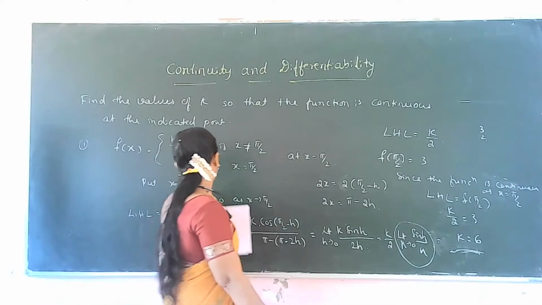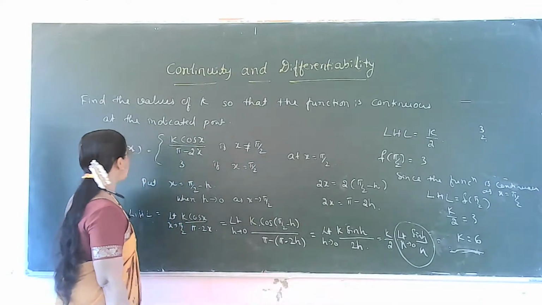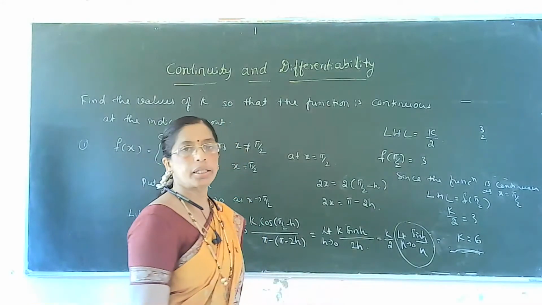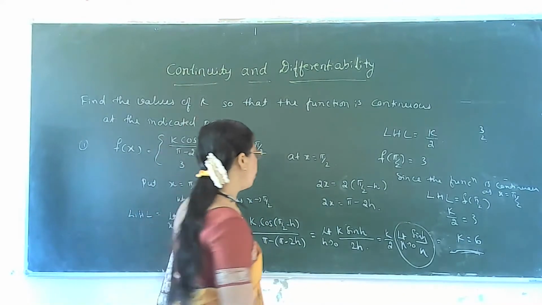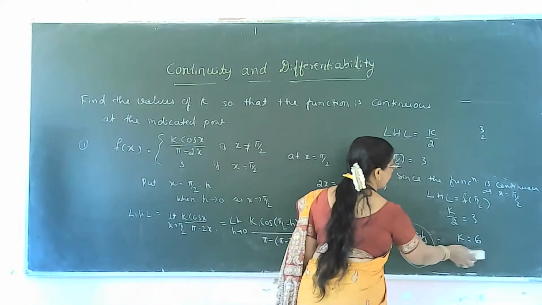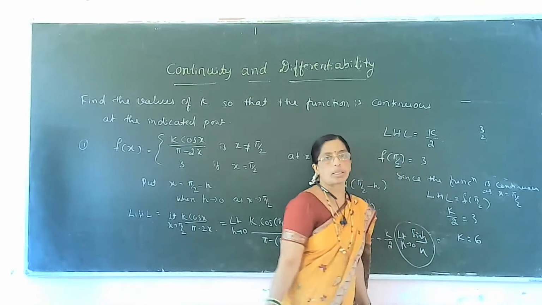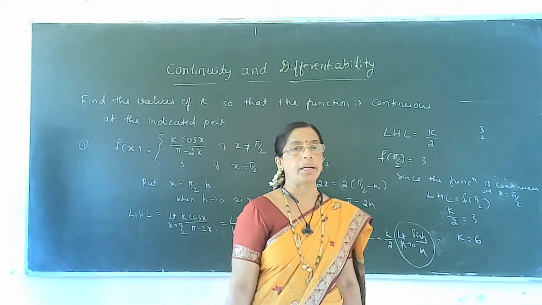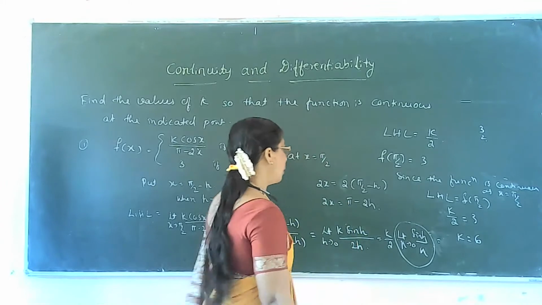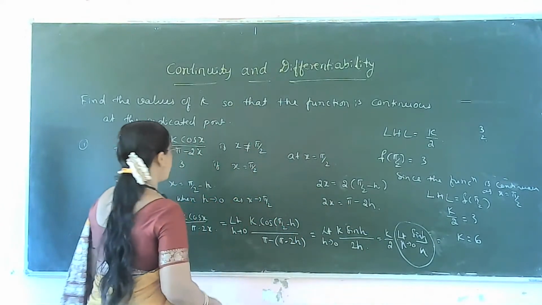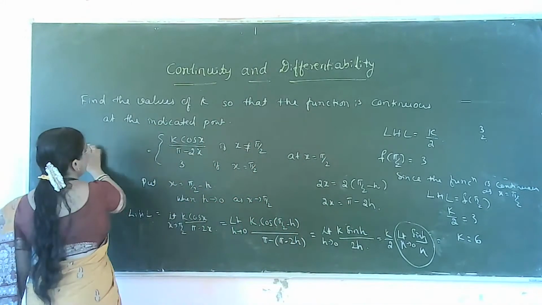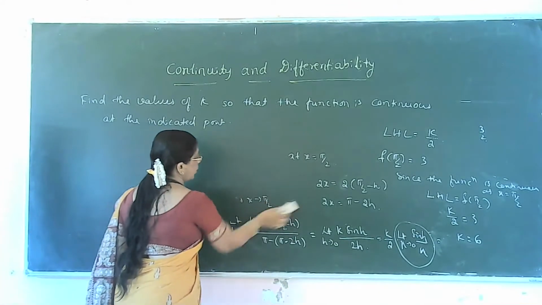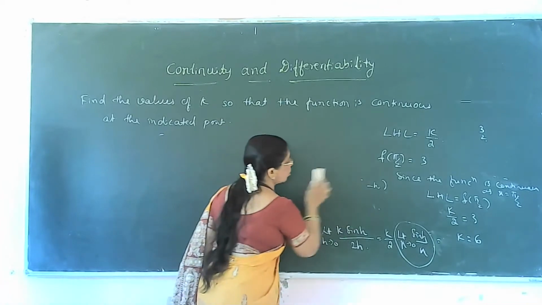Then find the value of the function at 5 by 2, which is given as 3. Then equate these two. We get k value equal to 6. It's a very important problem, asked many times in the annual exam also.